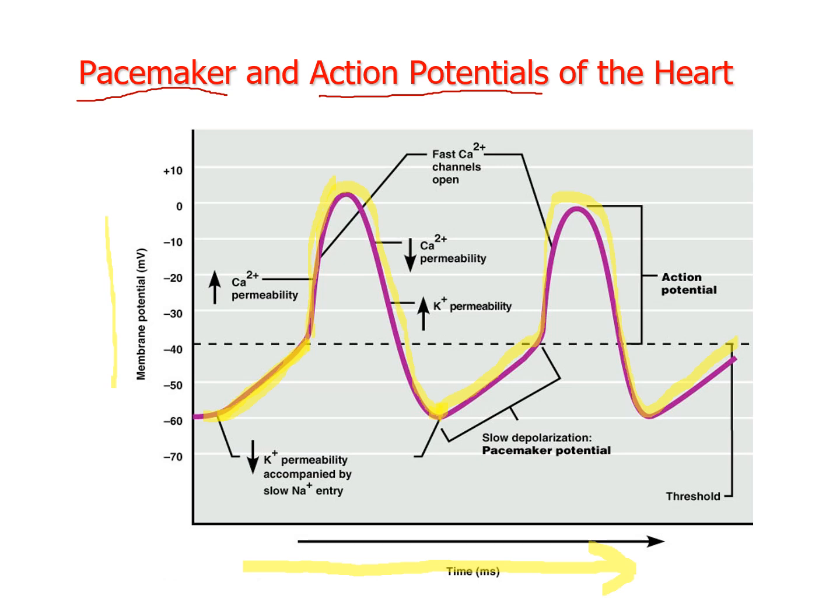The electrolyte or ion channels in the specialized pacemaker tissue are present, and they go through the following changes I'll describe to you. I want to point out that these channels for ions or electrolytes are specialized, so you have separate channels for potassium, separate channels for calcium, separate channels for sodium, right?